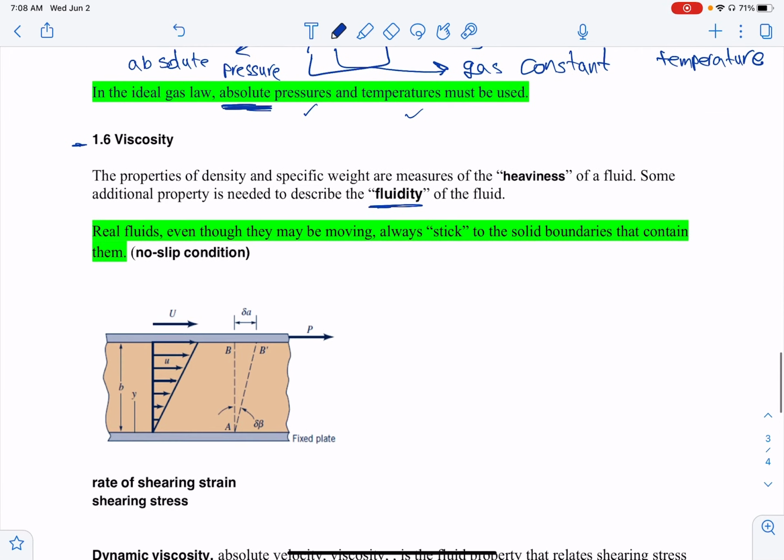So consider this figure. There is a fluid between these two plates.